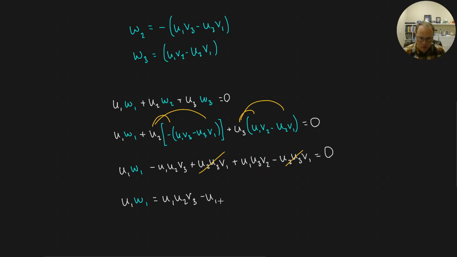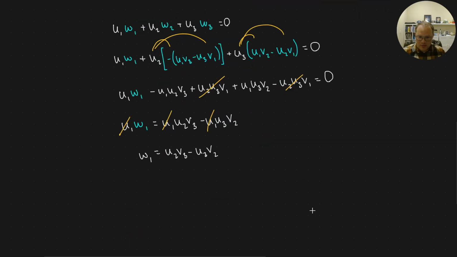That's negative U1 U3 V2. And finally get the W1 by itself. Divide both sides by U1. Okay, that means all these U1s will cancel, and I'll get U2 V3 minus U3 V2. And so that gives me a W1 also.